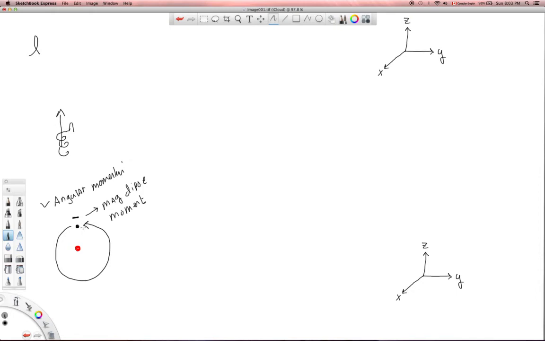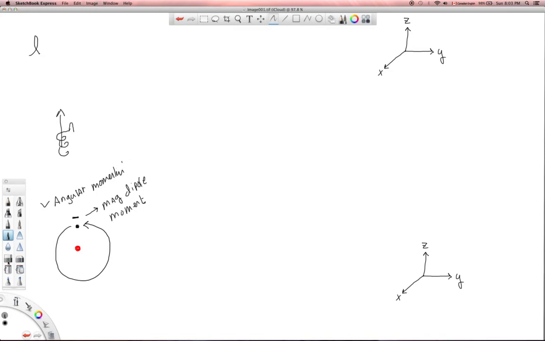Somewhat analogously, there is a magnetic dipole moment associated with an electron's motion if it has angular momentum.